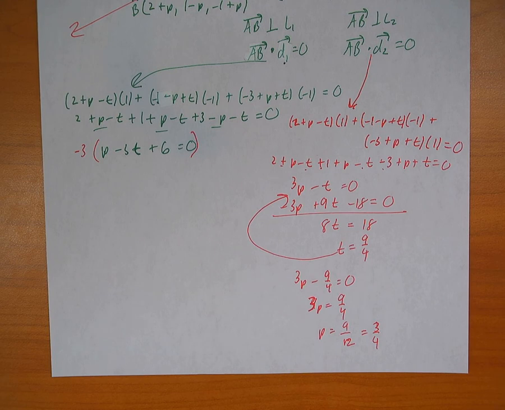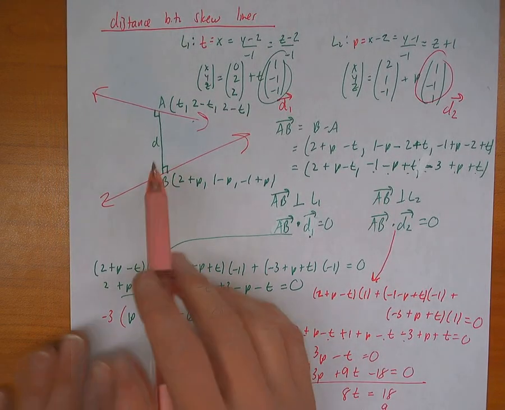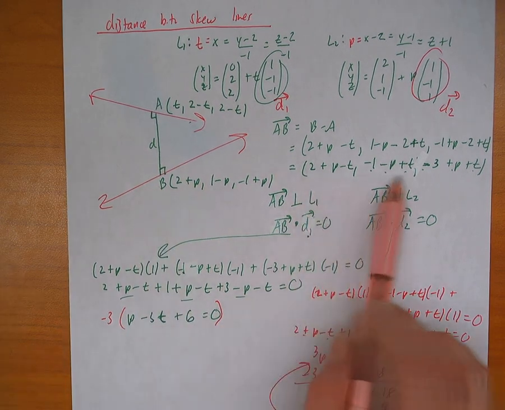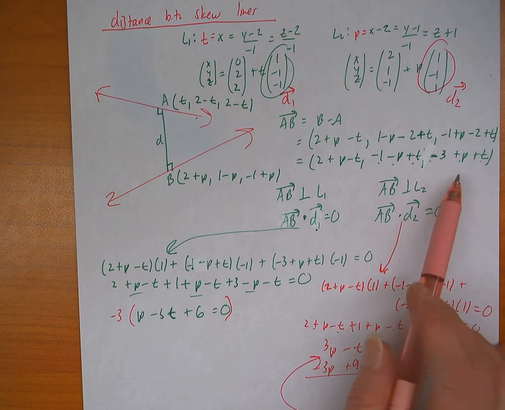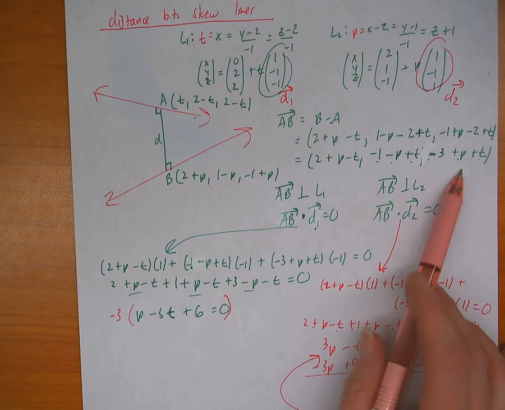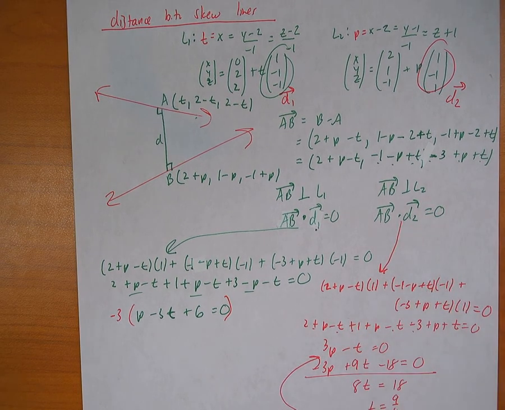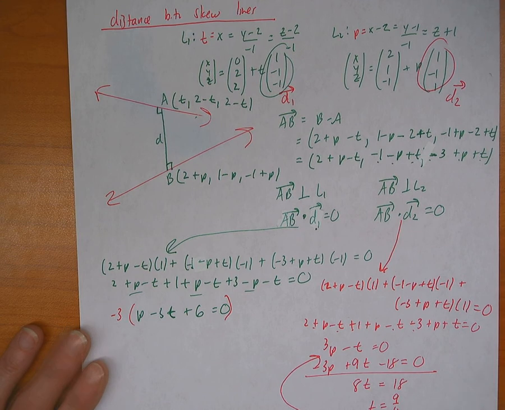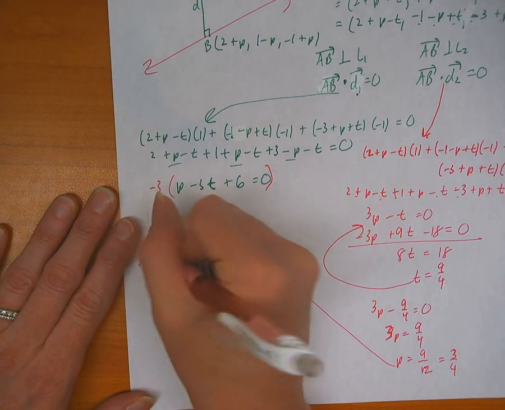So how does this help us? Well, once we know what the parameters are, we can now go and figure out what vector AB actually is with not just p's and t's, but with actual numerical values. And then we know how to find the magnitude of a vector. We just use the Pythagorean theorem. So I'm going to substitute in p equals 3/4 and t equals 9/4 into vector AB and see what we get.